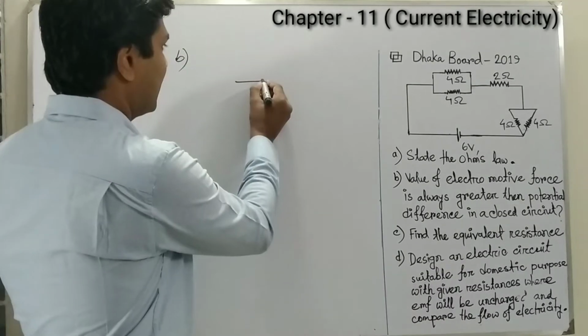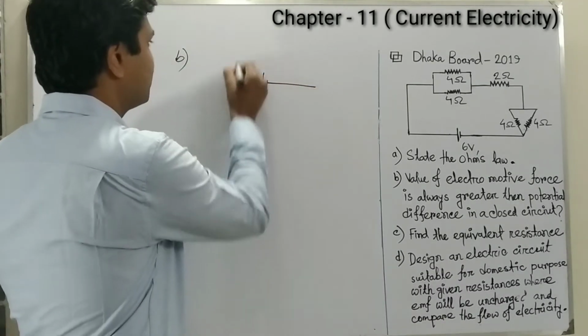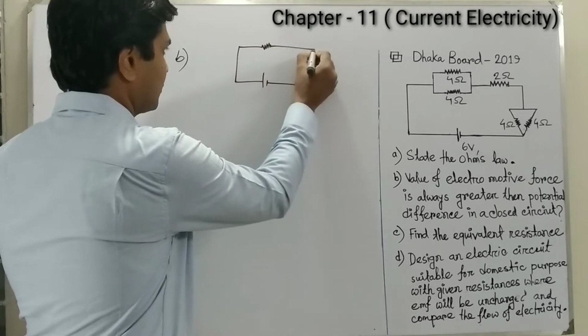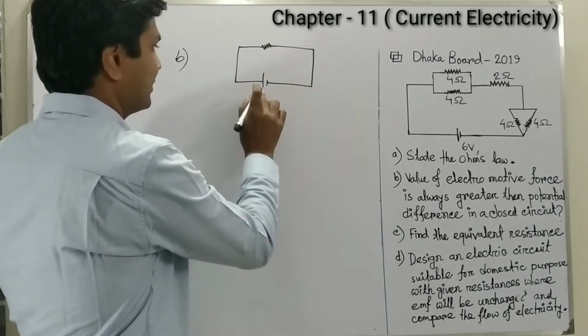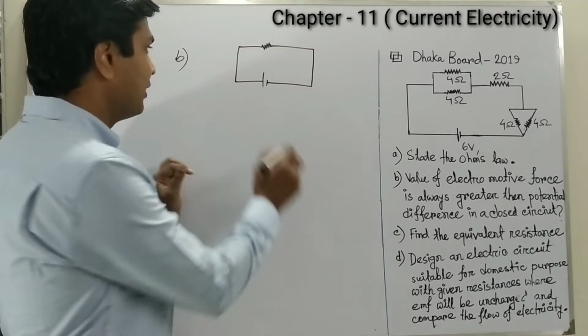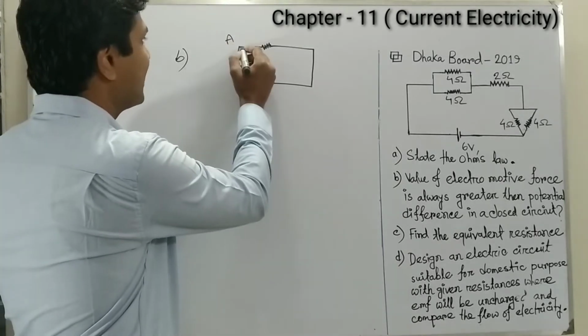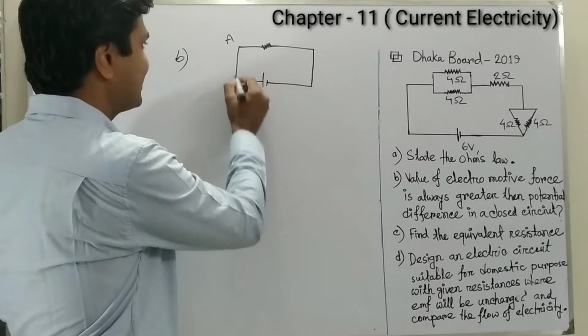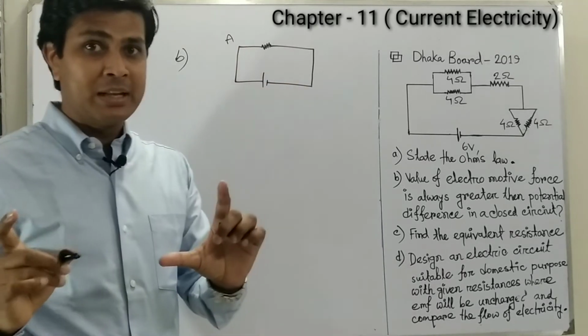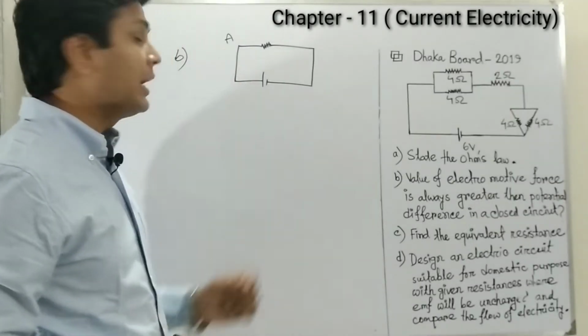If you draw a simple circuit, that is a simple circuit. If you want to bring a unit of positive charge from point A, and by traversing the whole circuit come back to the same point, then the work which is done is called electromotive force.